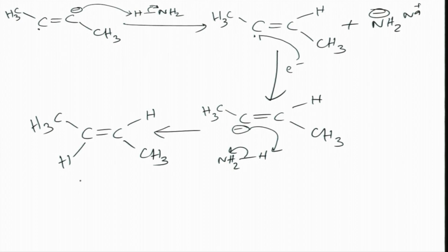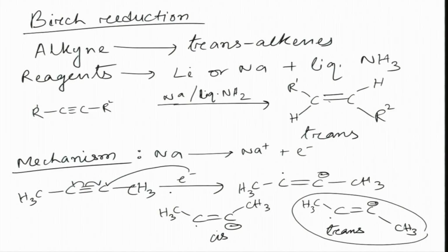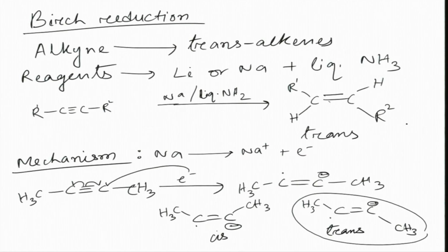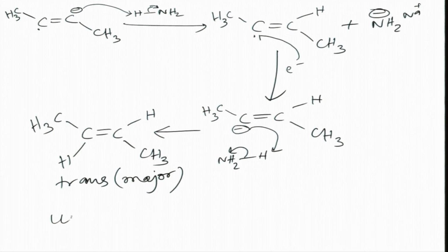In this case trans is the major product, and for Lindlar's catalyst cis alkene was the major product. Why am I saying major product? Because in this case trans can also form as a minor product, and here also cis can be formed as the minor product.